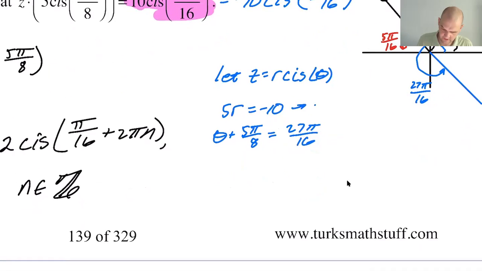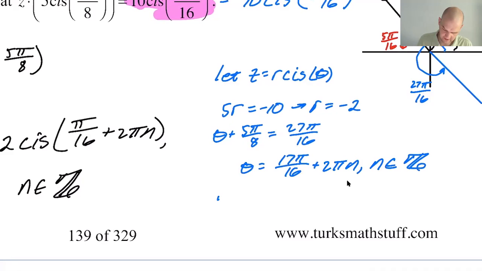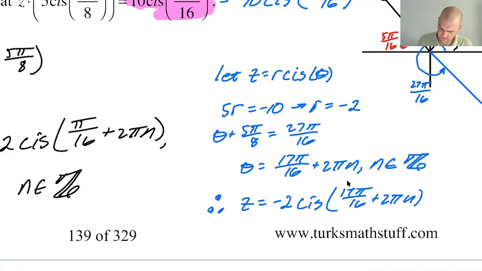So here r equals negative 2, and here theta equals, I don't know, 17 pi over 16 plus 2 pi n, where n is an element of the integers. So I think we should check these because this is not really obvious. So z is negative 2 cis 17 pi over 16 plus 2 pi n, n an element of the integers.